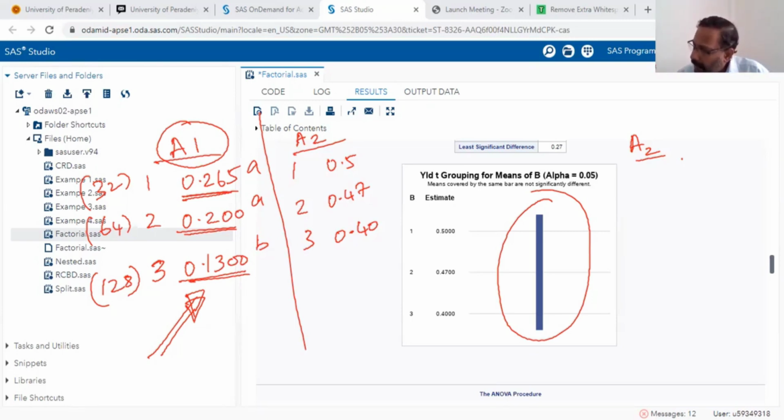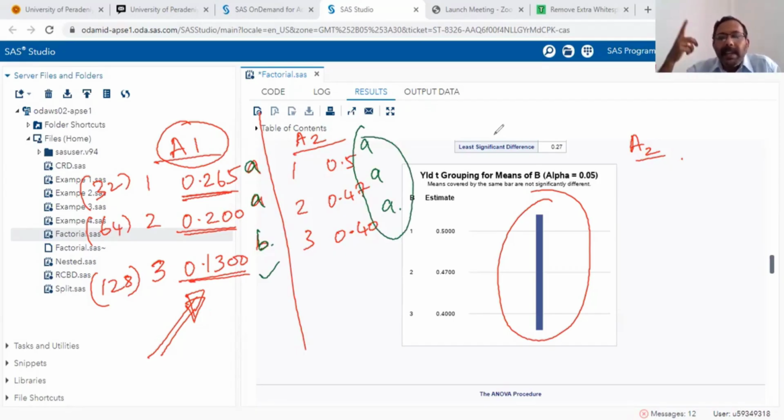Because if I say the grading, I can say this is A, this is A, this is A. In this case, this is A, this is A, this is B. So B is better here. Here all are having the same letters, what I said yesterday. Because all are having the same color, same color means no difference.